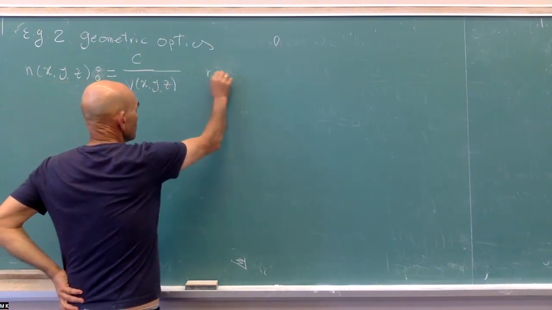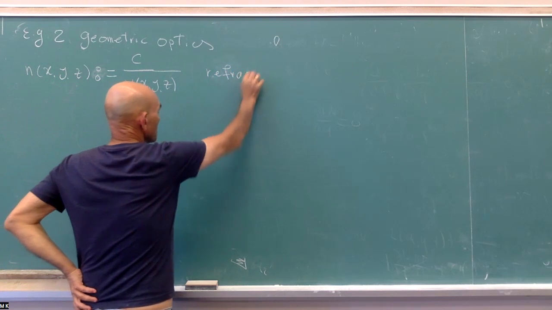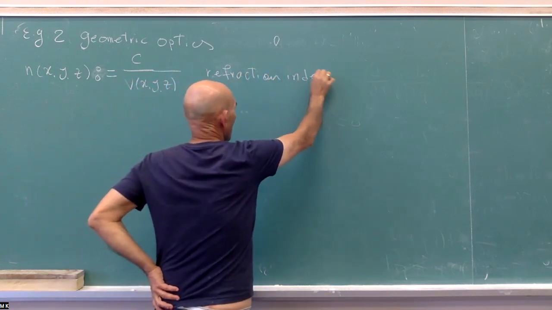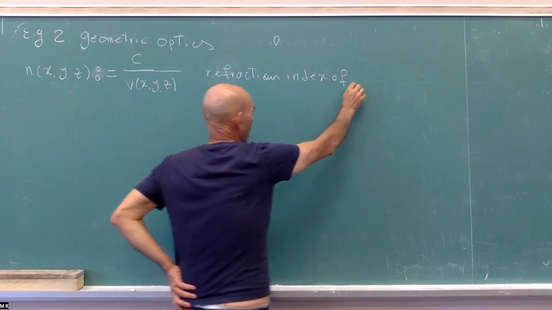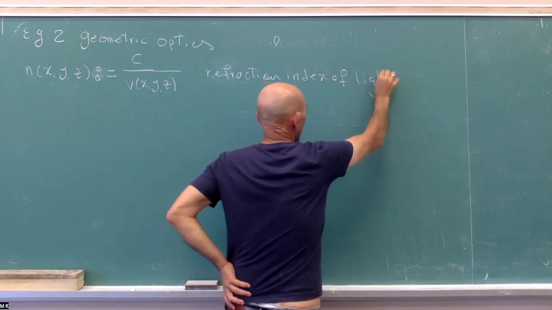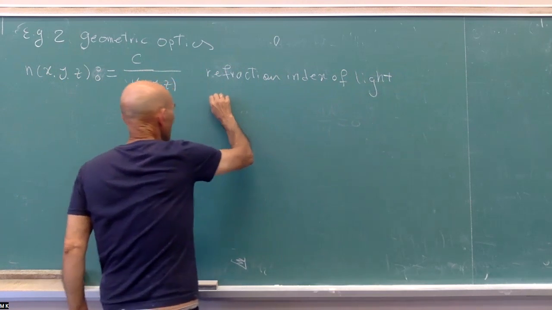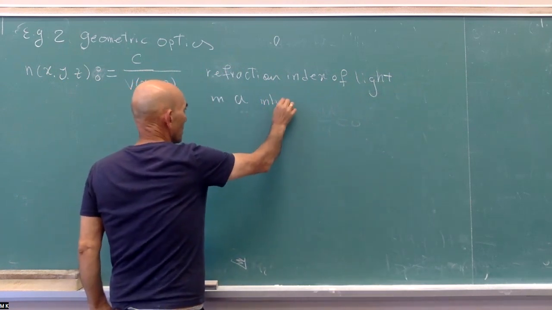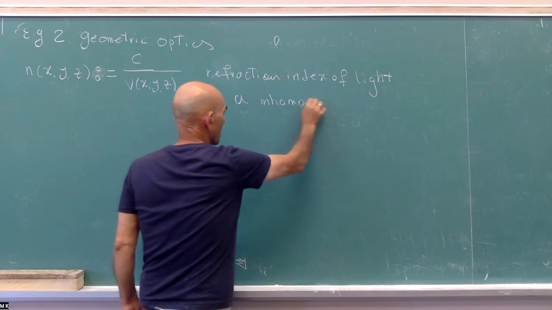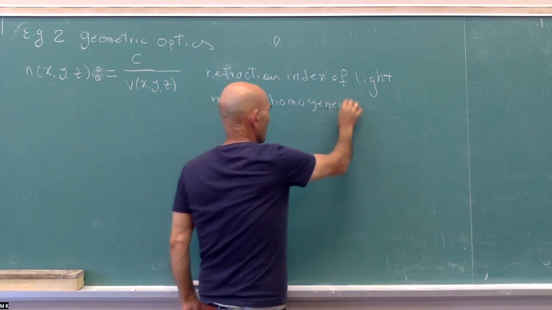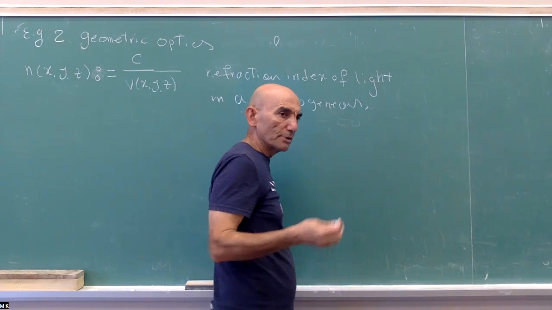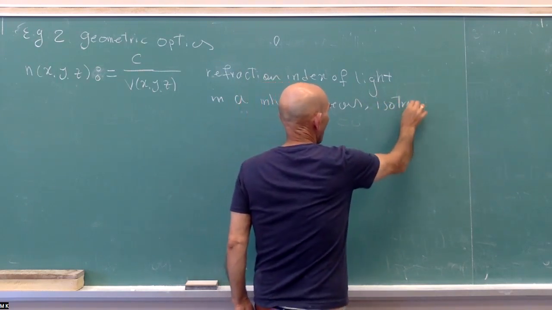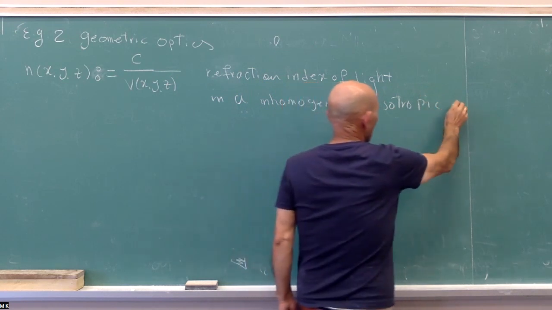So this is called the refraction index of light in an inhomogeneous, isotropic medium.